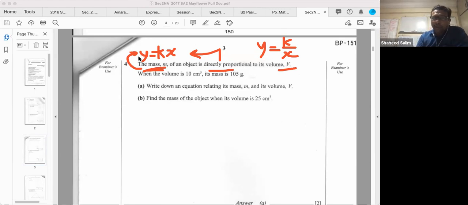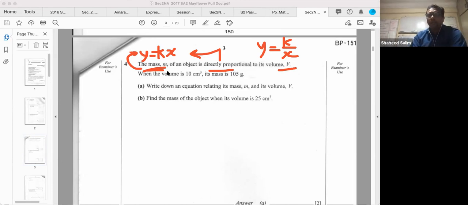So you can change this one to M, this one to V, and find what k is. You remember how to do?